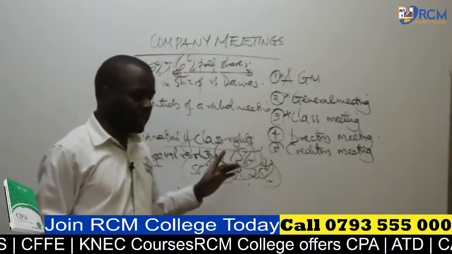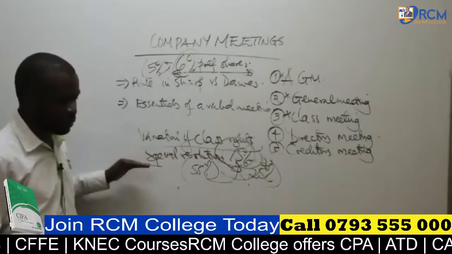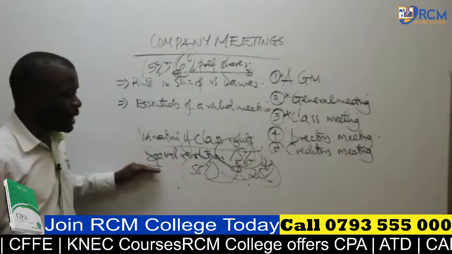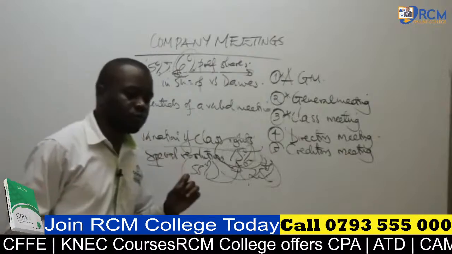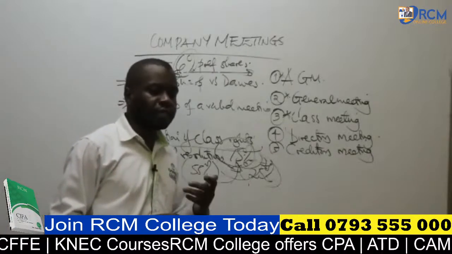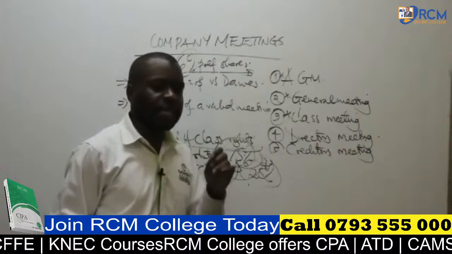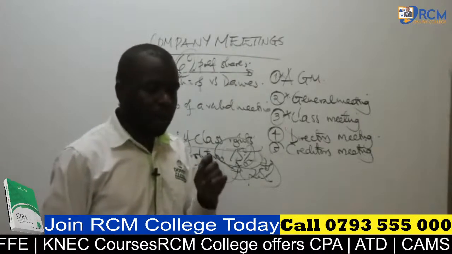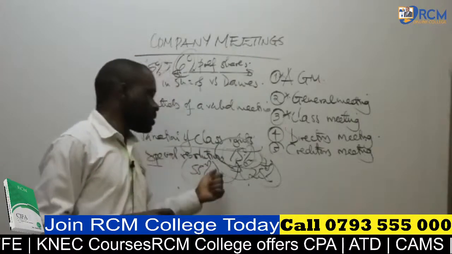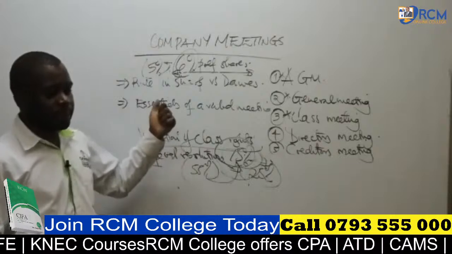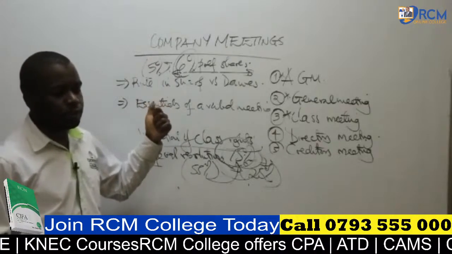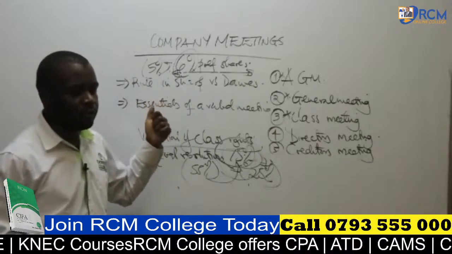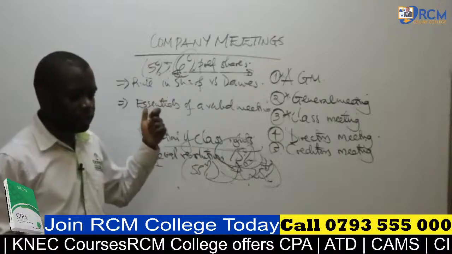At the class meeting, they'll pass a special resolution. What is a special resolution? A resolution that must be approved by holders of at least 75% of the voting rights in that class of shares. Once that has happened, the resolution will be presented to the company, and the company can proceed and do the variation of class rights in that class of shares.